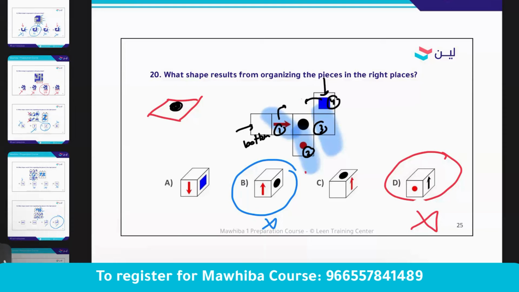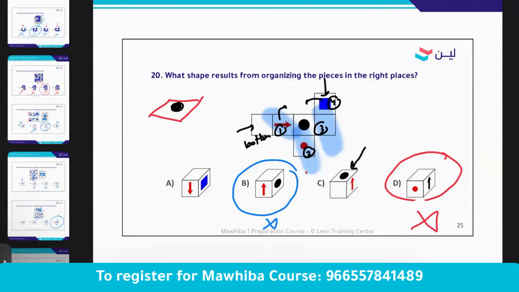The question over here shows you that if the red arrow points upward, the face next to it is definitely either this red dot or this blue square. So over here, if I have this arrow, let me move to red.